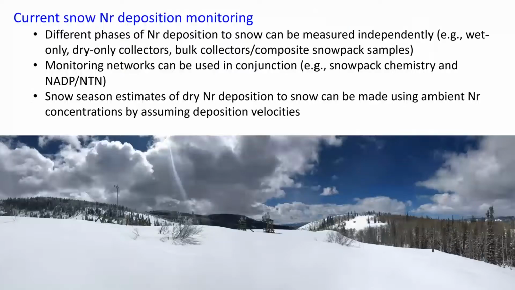So to give a quick overview of the different nitrogen deposition monitoring related to snow in wintertime, we can monitor the different phases of nitrogen deposition through wet deposition only, such as the NADP collectors, or dry deposition only, such as CastNet.